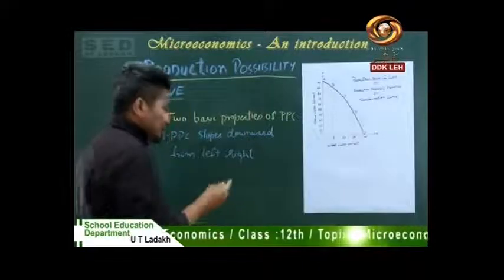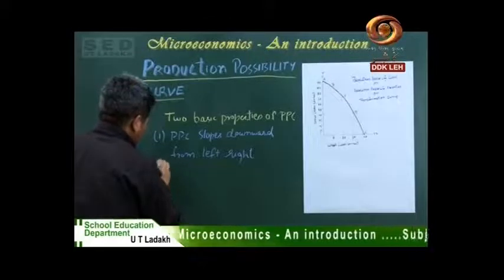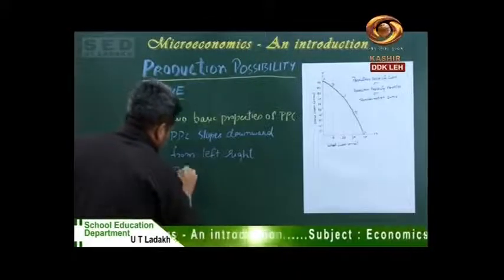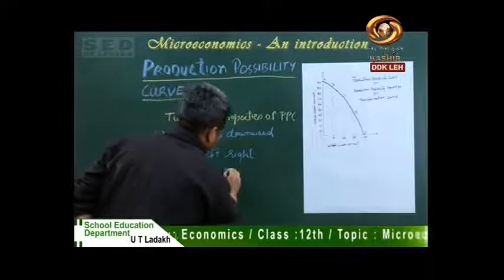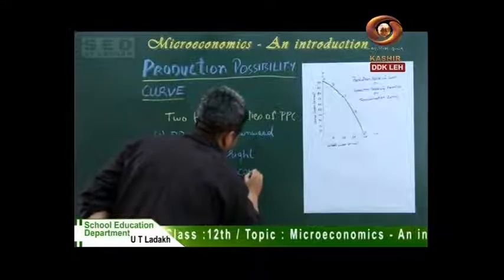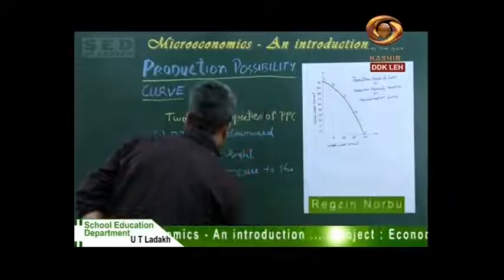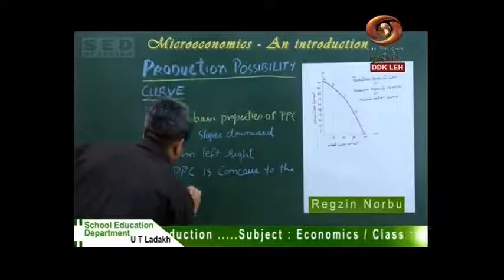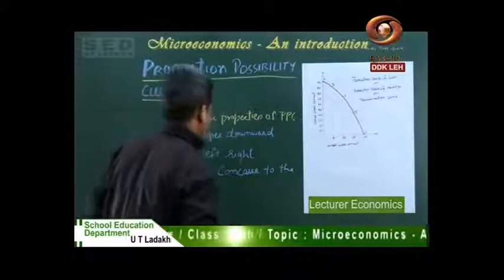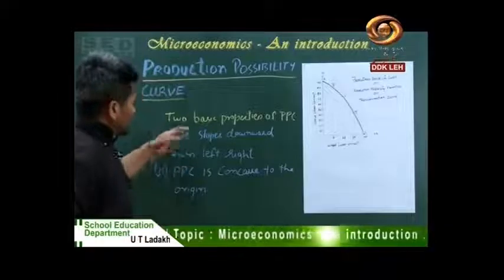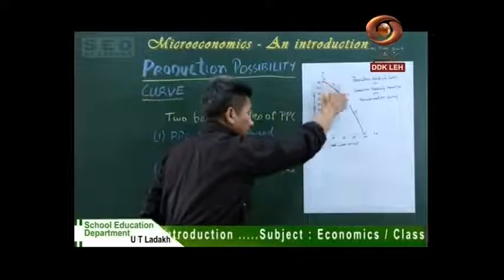And the second basic property is that the production possibility curve, PPC, is concave to the origin.